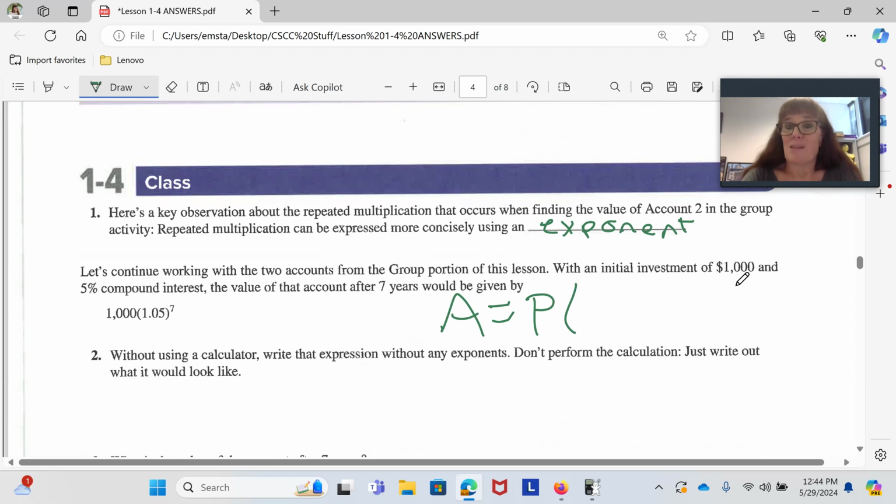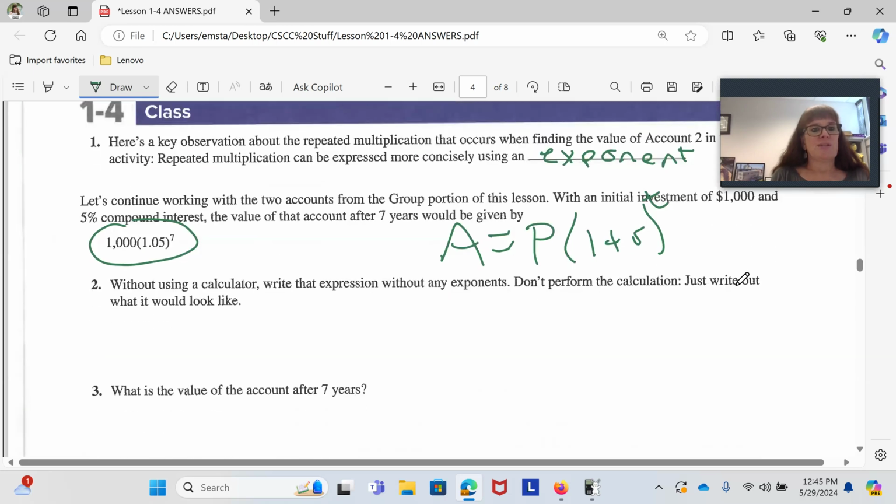It's going to be 1 point something, like in this example, we had 1.05. You're getting that from doing 1 plus the interest rate, and then the whole thing is raised to the t power. In the example we're given over here, it's 1,000 times 1.05 raised to the 7th power because it's 7 years.